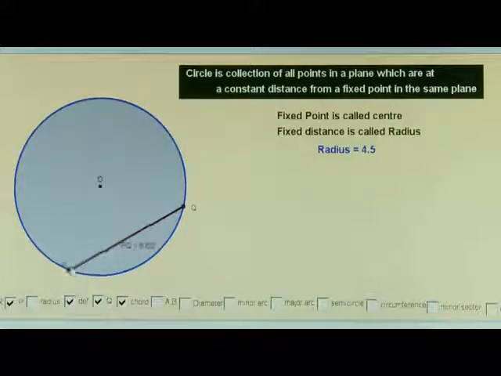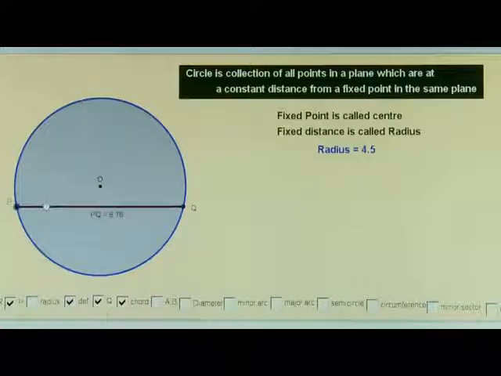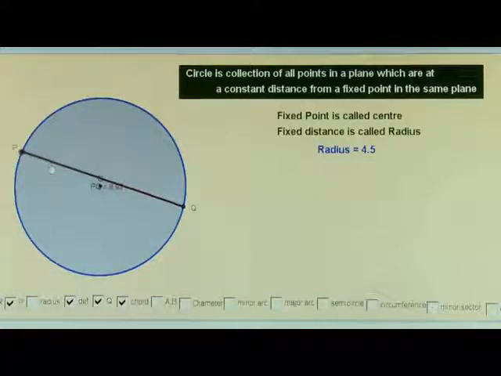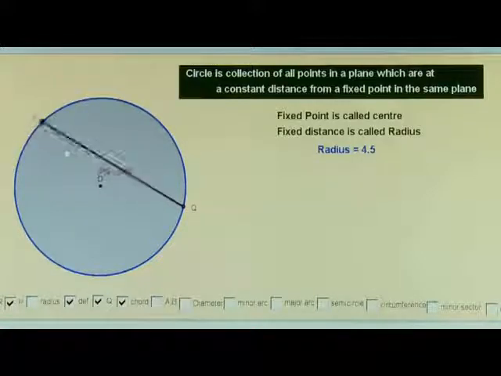Move this point P. As this chord approaches towards the center, see the length of the line segment PQ, that means the chord, increases, and when it passes through the center, the length of the chord becomes equal to double the radius, and when it moves away from the center, the length of the chord decreases.